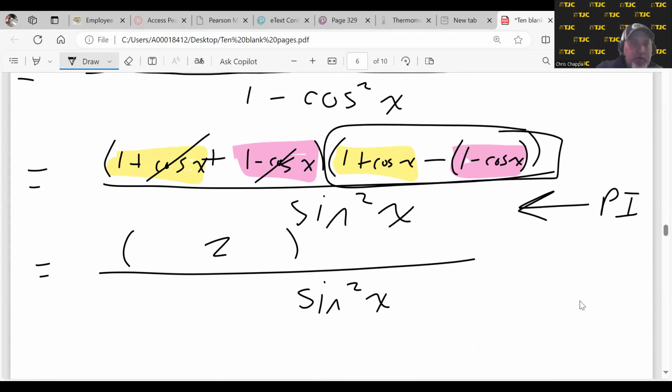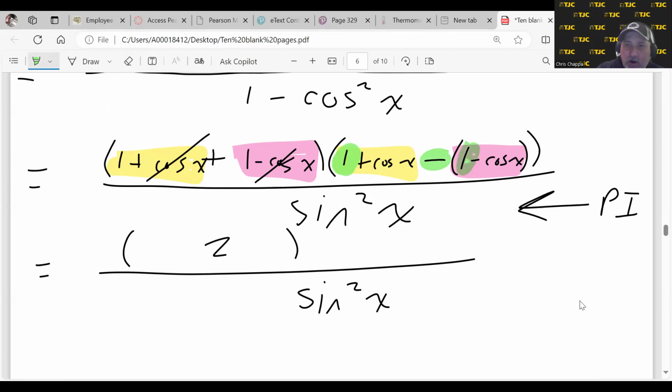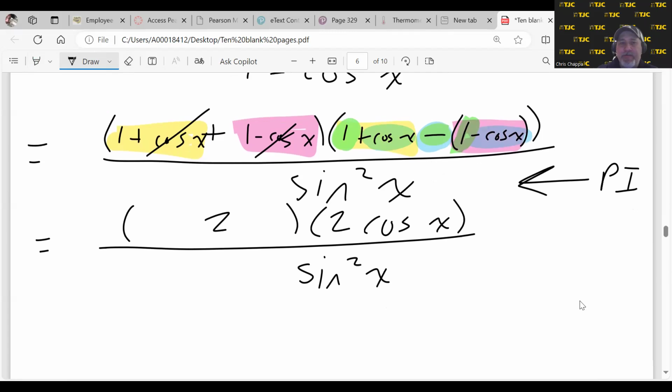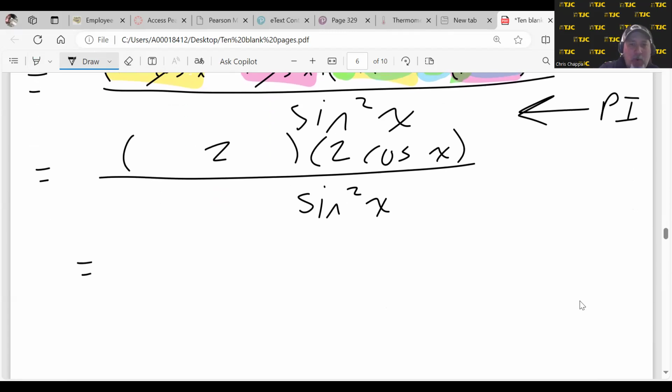Well, when we distribute the negative, let's just play it out piece by piece. 1 minus 1 cancels, and cosine minus negative cosine. The minus minus becomes a plus. We get 2 cosine of x. And there's the other 2, and we're about to get the 4. 2 times 2 is 4.